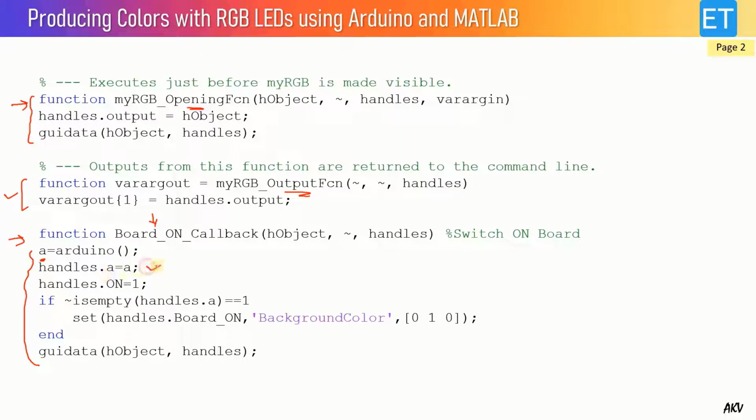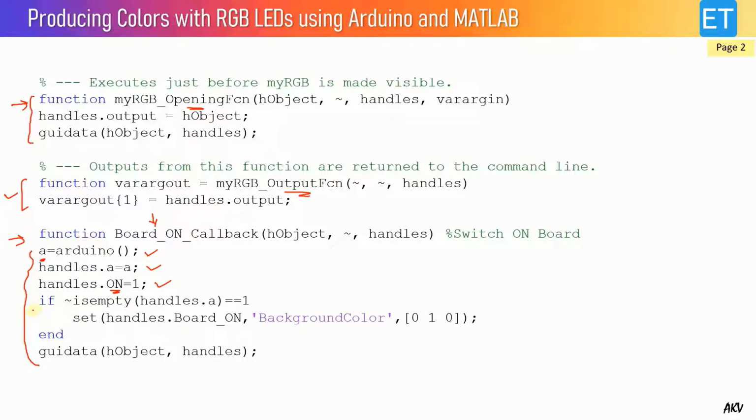And here I'm making a handle of this board variable. So handles.a equal to A. And then I'm creating one condition that will be later used for enabling those color radio buttons. So I'm creating handles of one variable on, and it is equal to 1. It means once the board is connected, your on will become 1.